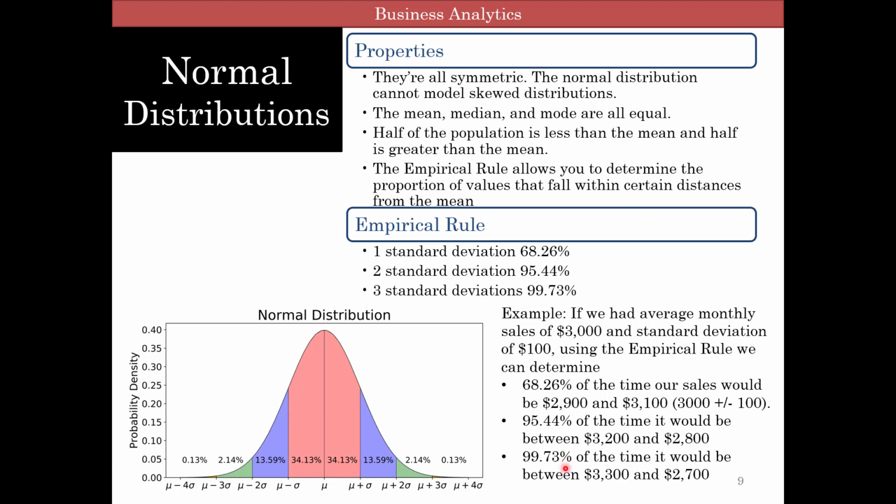So for you to get something over 3,300 or less than 2,700 sales, that would be about 0.27% of the time.